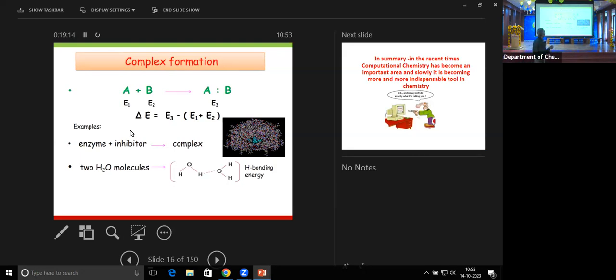Since it's not a chemical bond, it's only hydrogen bonding, it's a weak complex. You get E3. The delta E, E3 minus E1 plus E2, gives you the binding energy of the molecule inside the enzyme.